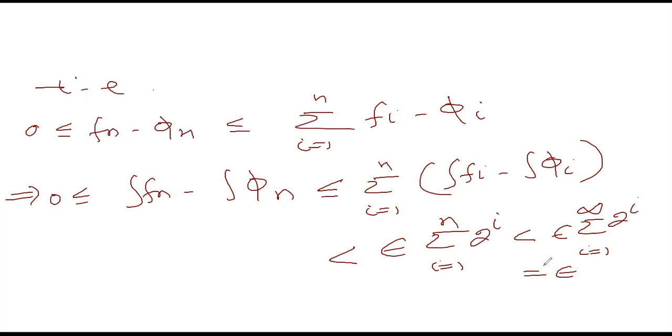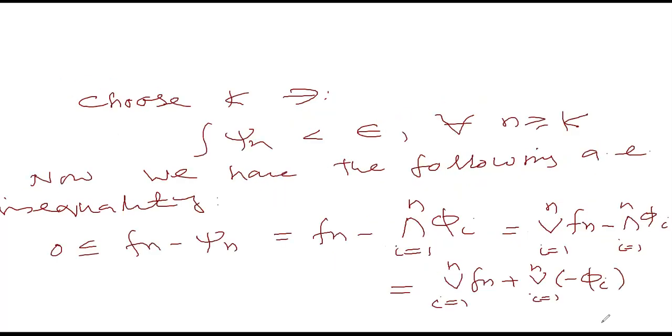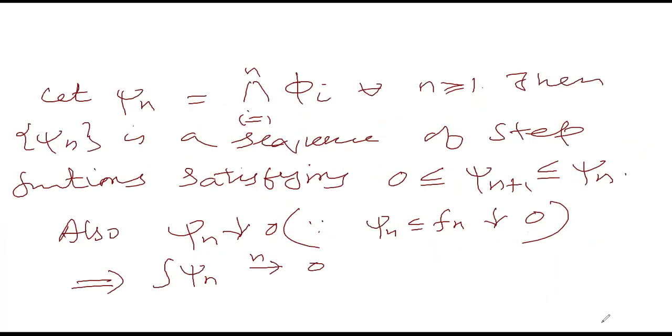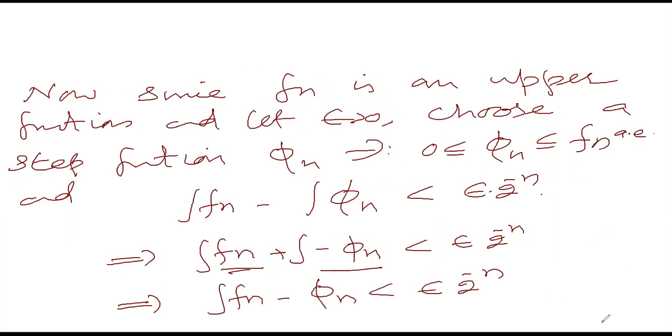So the integral of fn minus the integral of phi n is less than epsilon. This is where we have done it: the integral of fn minus the integral of phi n is less than epsilon times 2 power minus n.